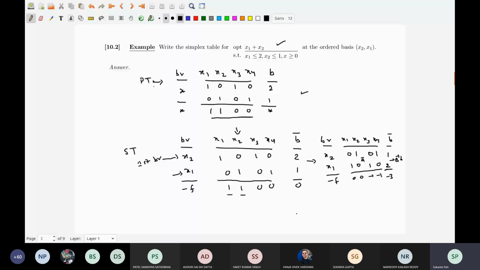You have converted the column below x2 as E1, 1 0, the last 0 is not counted. Column below x1, the second basic variable, is 0 1. Then the entries of C corresponding to the basic variables have been made 0. Whatever you obtain is your simplex table.